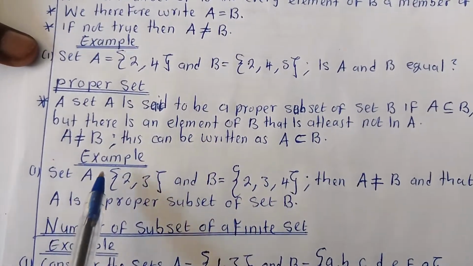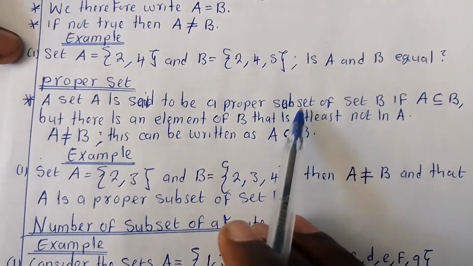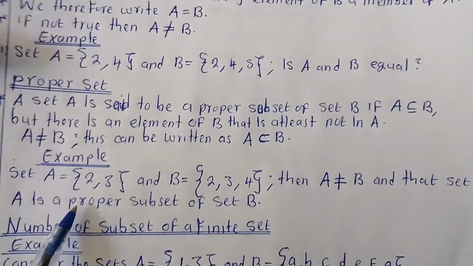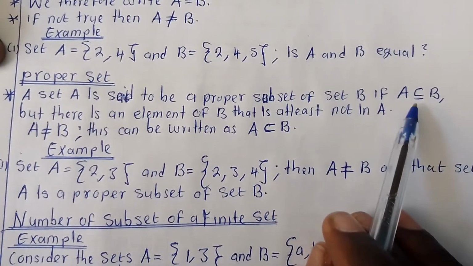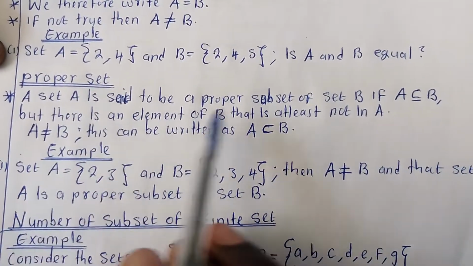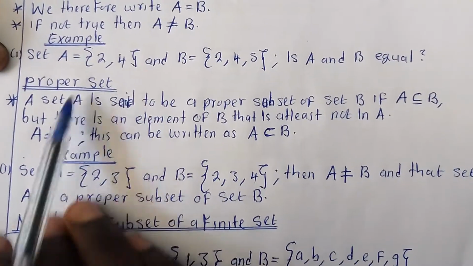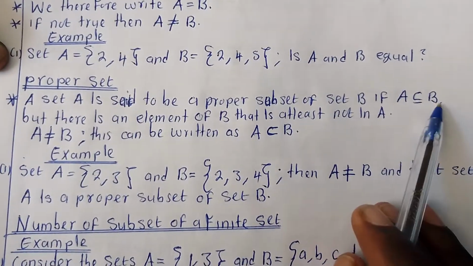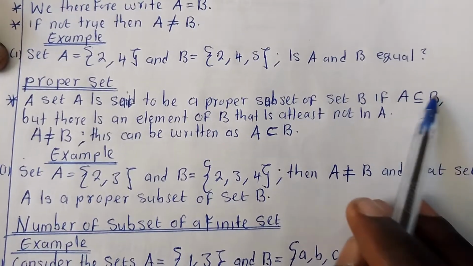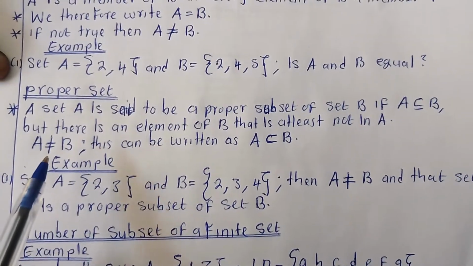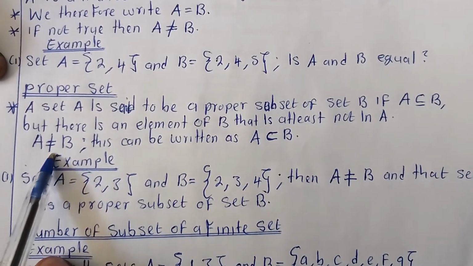A proper subset. A set A is said to be a proper subset of set B if A is simply a subset of B. What we are simply saying here is that A is said to be a proper subset of B if every element contained in A is also in B, but there must be at least one element in B that is not in set A. Therefore, this concept must be achieved.